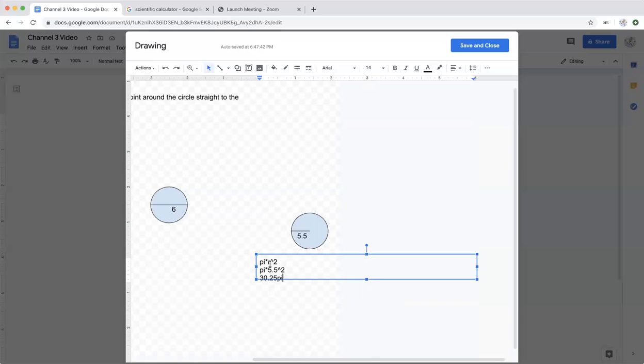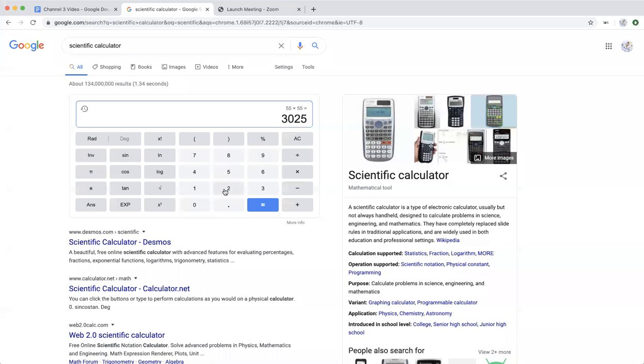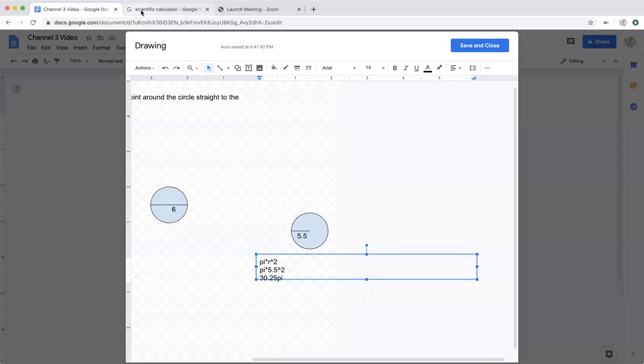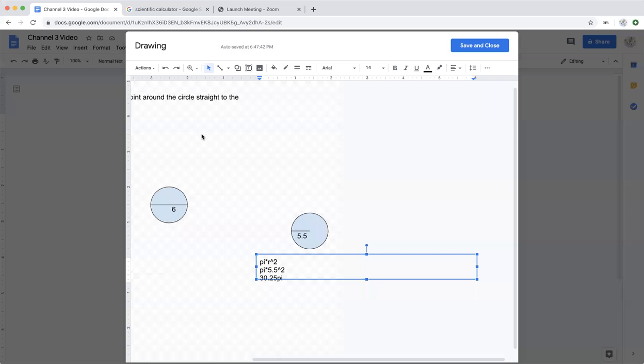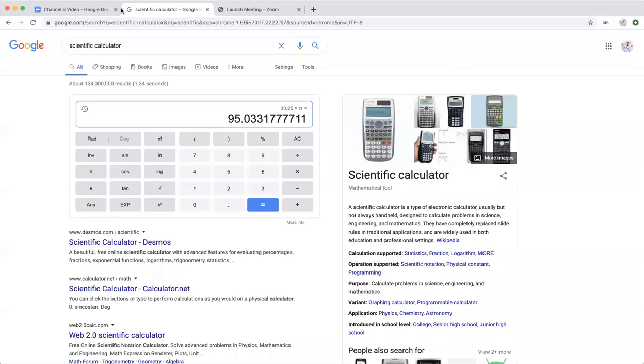So let me multiply that. 30.25 times pi, and I would get 95.03. So 95.03. So that would be the area.